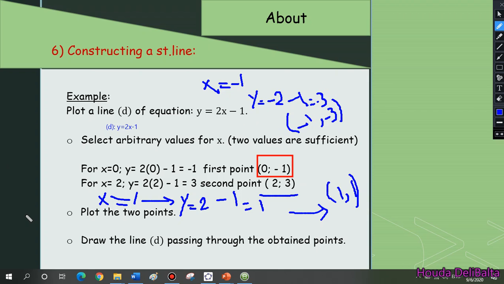This is how to construct a straight line. All we have to do is to choose two values for x, and for each value of x, we have a value for y. Now, after taking the values of x and y, we organize the points in ordered pairs, x then y, x then y, x then y. We plot them in the orthonormal system, and then we join them, and here we go.